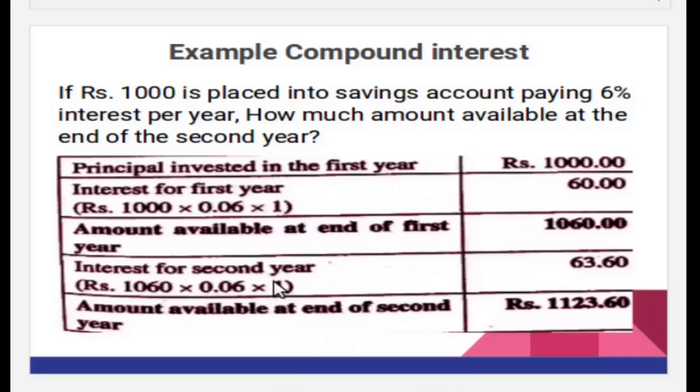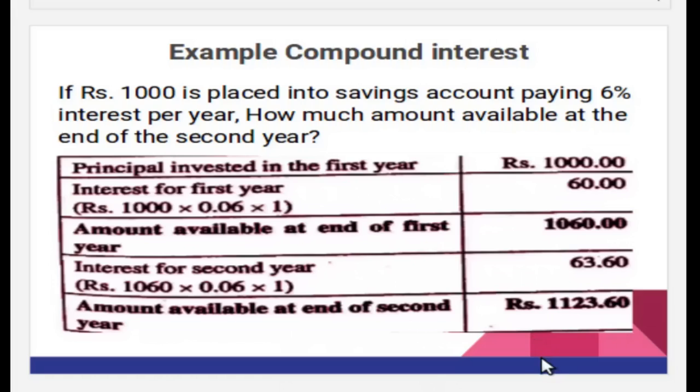So we are taking time as 1. So we get 63.60. So the amount available at the end of the second year will be 1123.60, the interest on the total amount. So this is the interest rate aspect of time value of money.